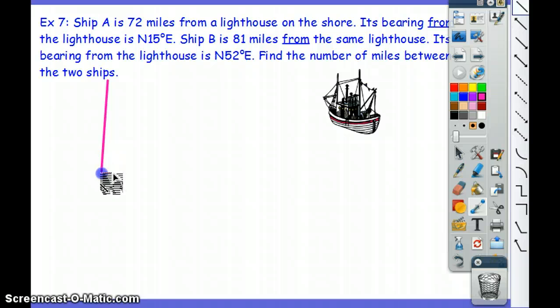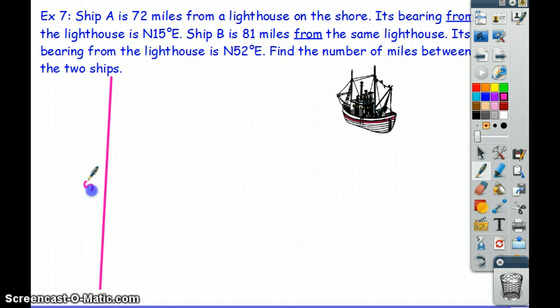Here's our shore. Now both ships are northeast of the lighthouse. So let's put the lighthouse down here in the south portion. I know that's a really good lighthouse there. So the ships are going to be up here, and I'm not exactly sure where they are.